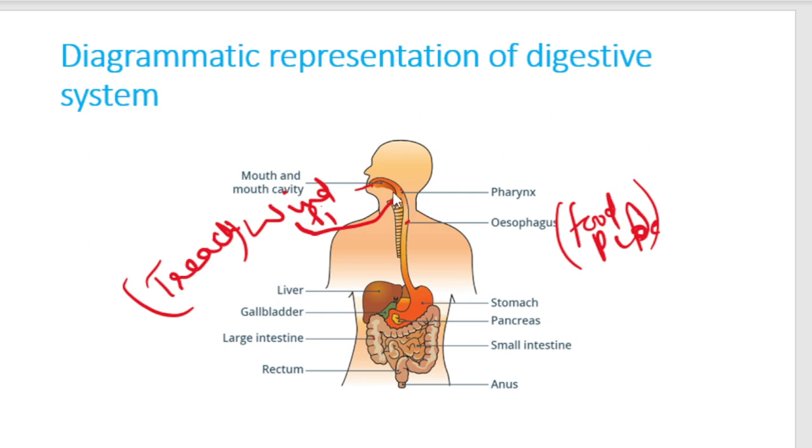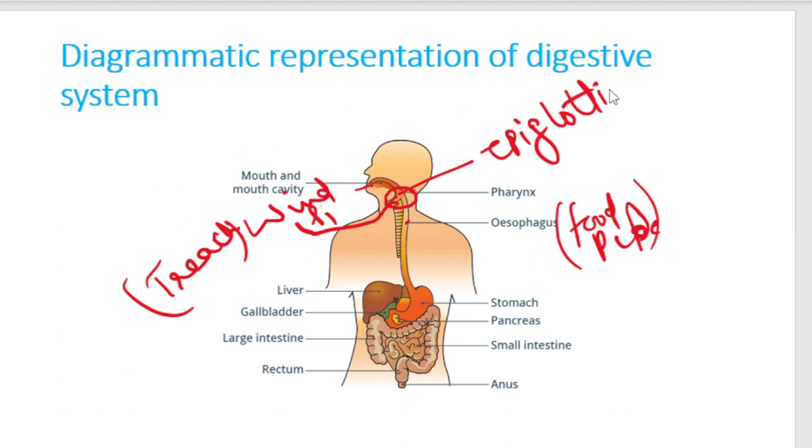Both of these meet in the pharynx. The pharynx is a place where both the windpipe and food pipe meet. To control the food so that it doesn't go inside the windpipe during swallowing, there is a covering called the epiglottis.